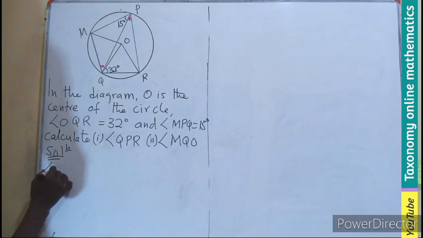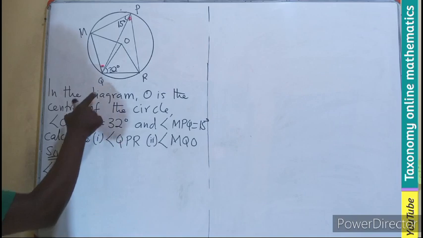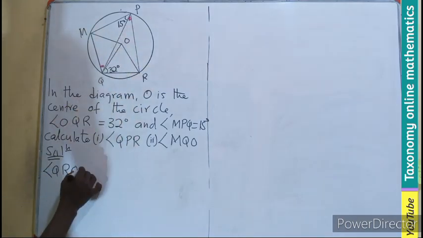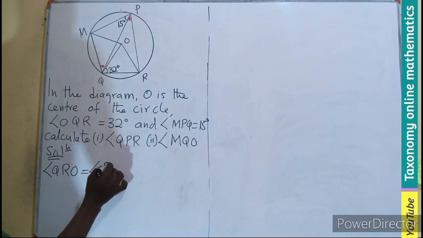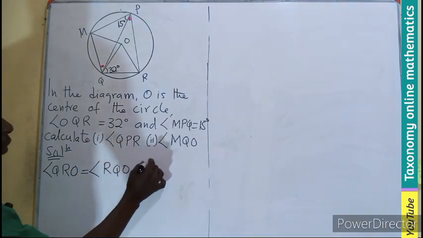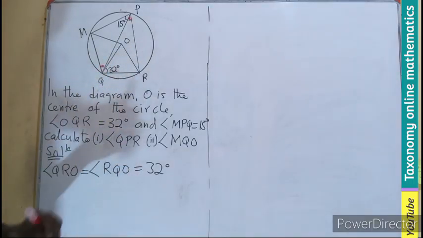So angle QRO is the same as this angle RQO, which is 32 degrees. They are the same. They are the base angles.